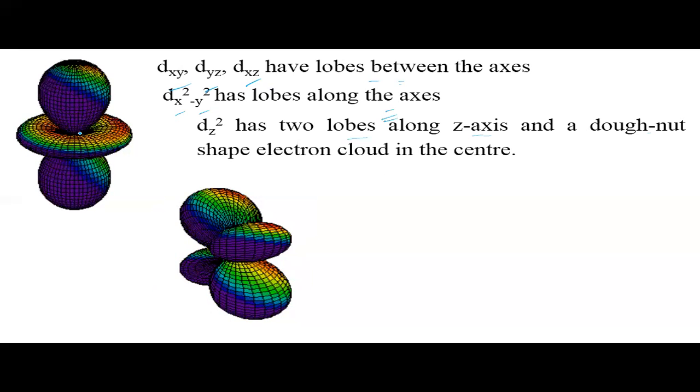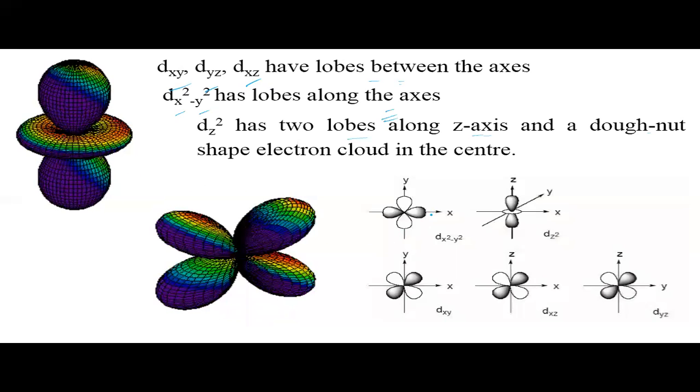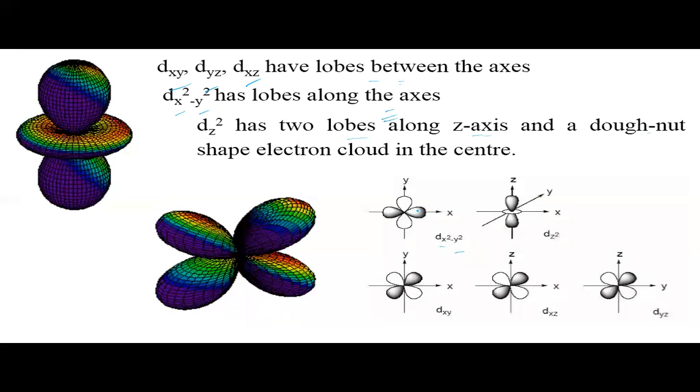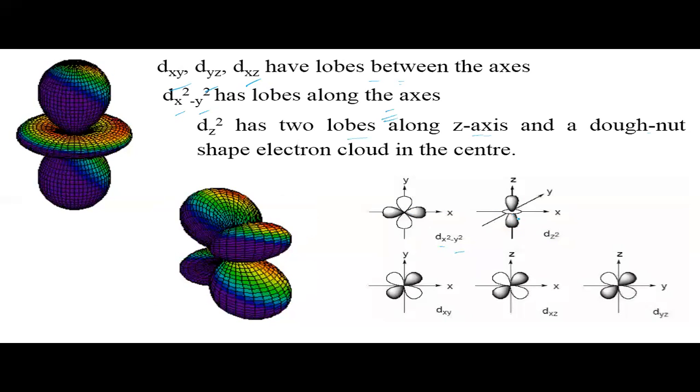So this is the image for the d orbital. So this is dx² - y², where the x and y axes have the orbital lobes. In dz² the orbital lobes are along the z-axis, and this is the donut shape.